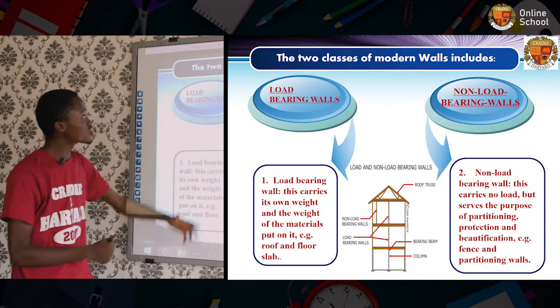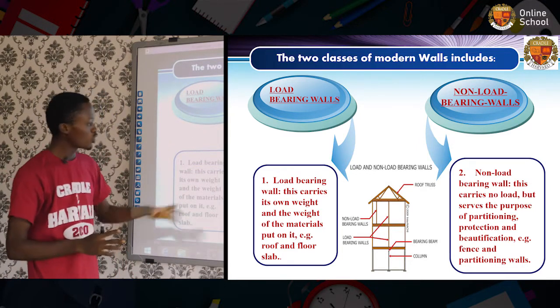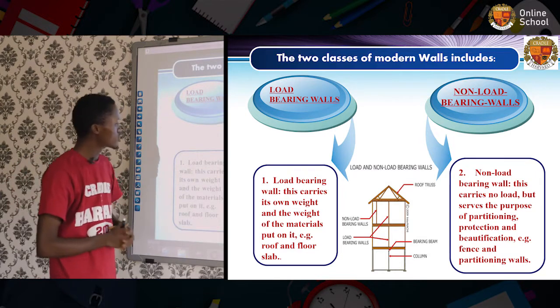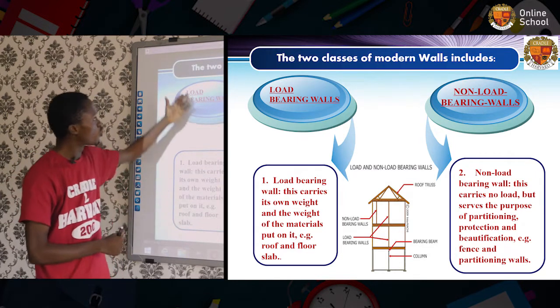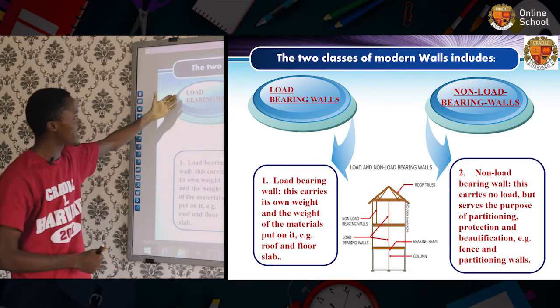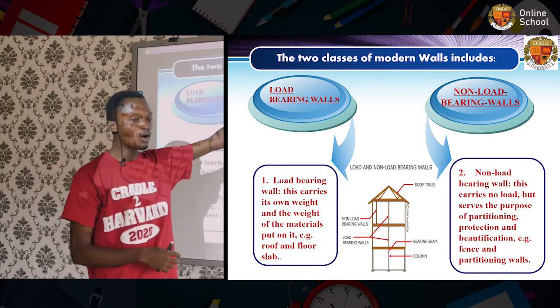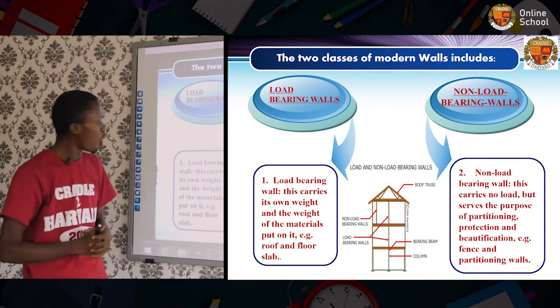Now we're going to be looking at 2 classes of modern walls. I want you to look closer at this picture. The first we have here is load-bearing walls, and the other is non-load-bearing walls.